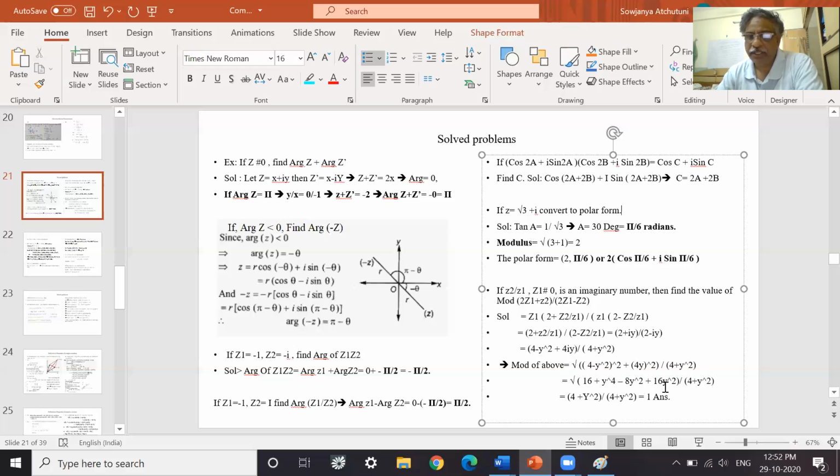When I simplify it, I am getting 1. That means 2z1 plus z2 and 2z1 minus z2 are conjugates of each other, so the value is 1. Mod of the conjugate is 1.